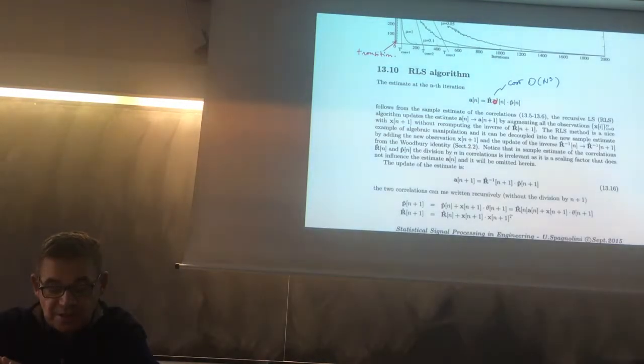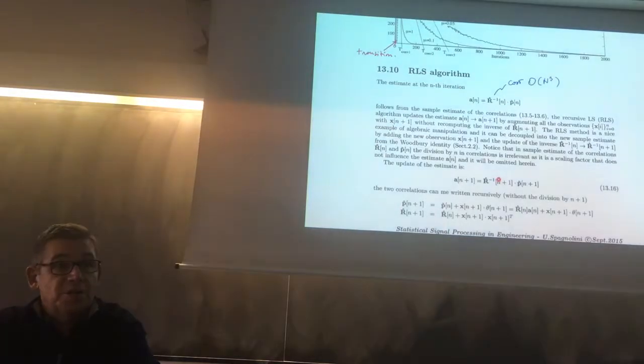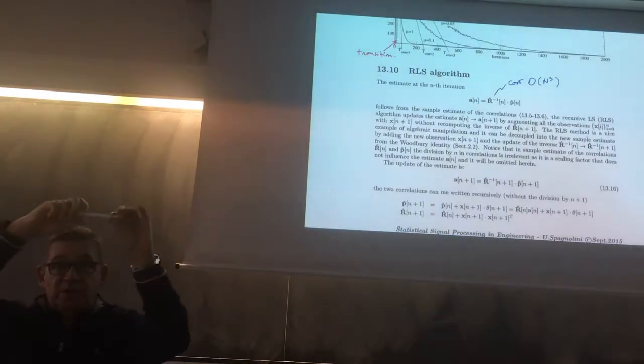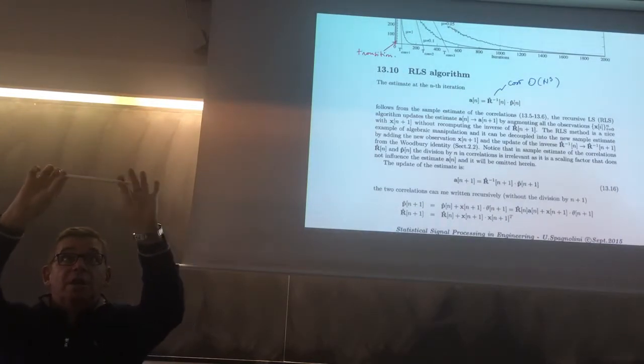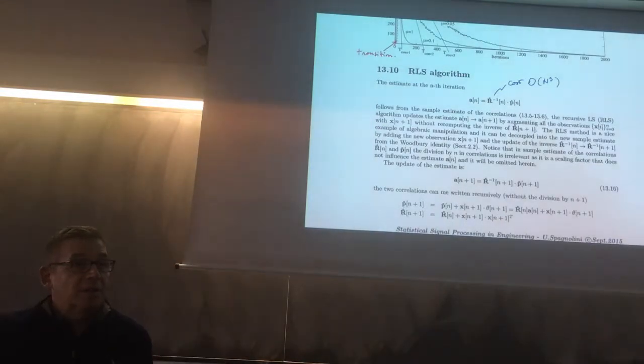It doesn't matter who did it. Now, if I have a new sample, I need to recalculate a new inverse. So essentially, at every new sample, the cost is n cubed, then n cubed again, n cubed, n cubed. So it's intolerably high.